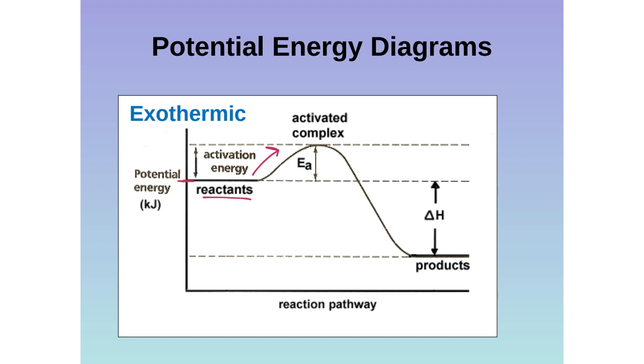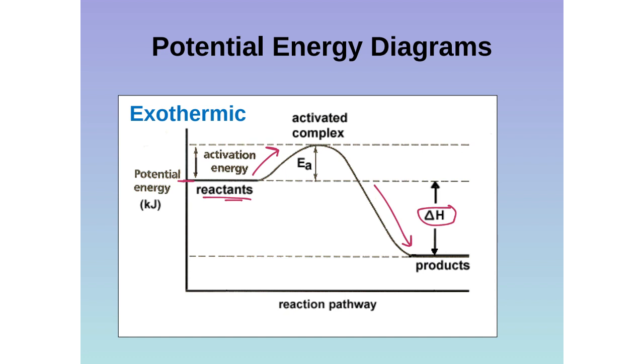When that happens, because they only use up a small amount of activation energy in order to begin to make products, they have all this extra energy available to them that they originally had stored in their bonds, and they release this now as heat to the surroundings.